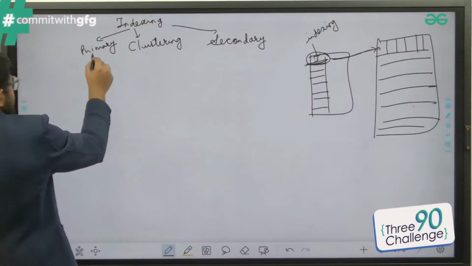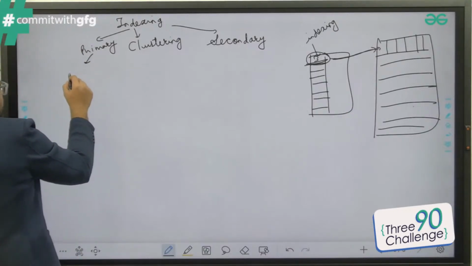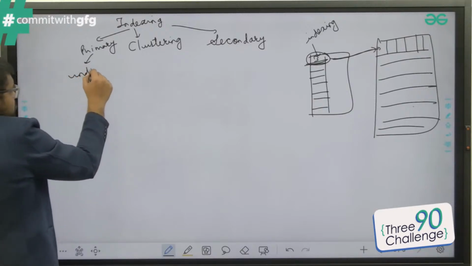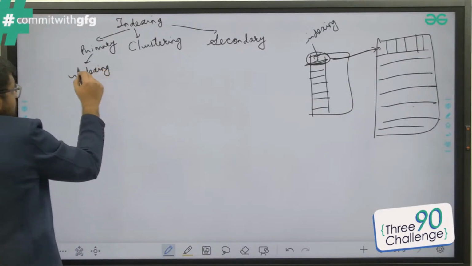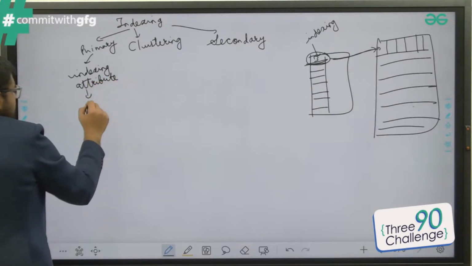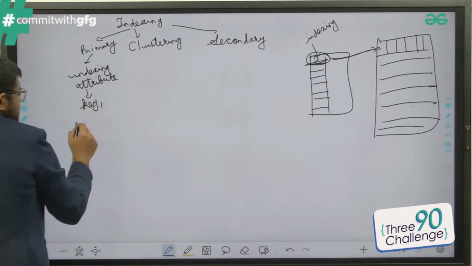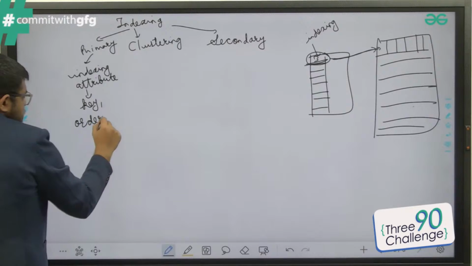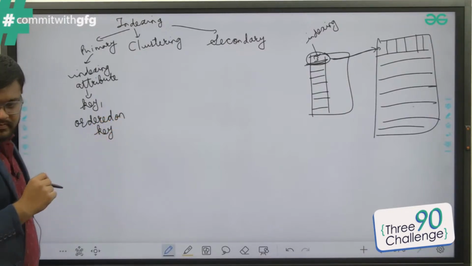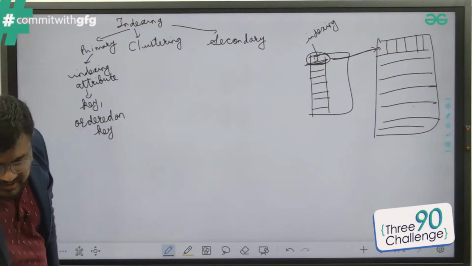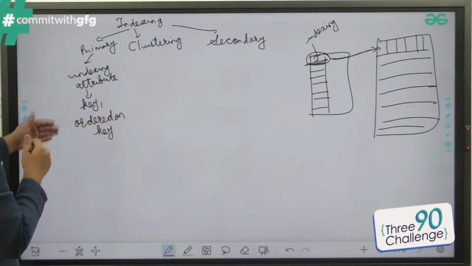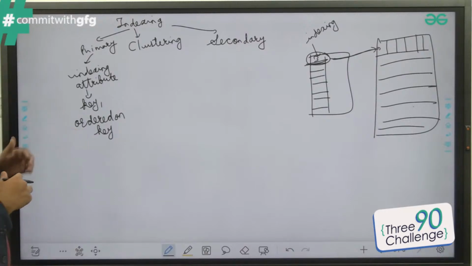Now primary indexing is basically when the indexing attribute is a key, as well as the data is ordered on the key. Means the data is sorted with respect to that key value.